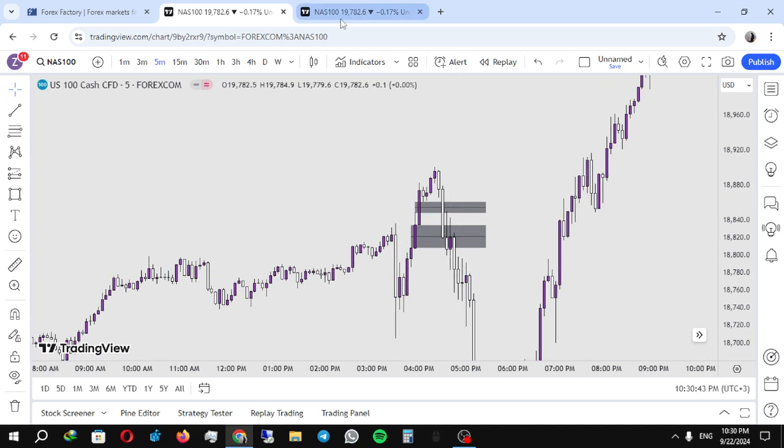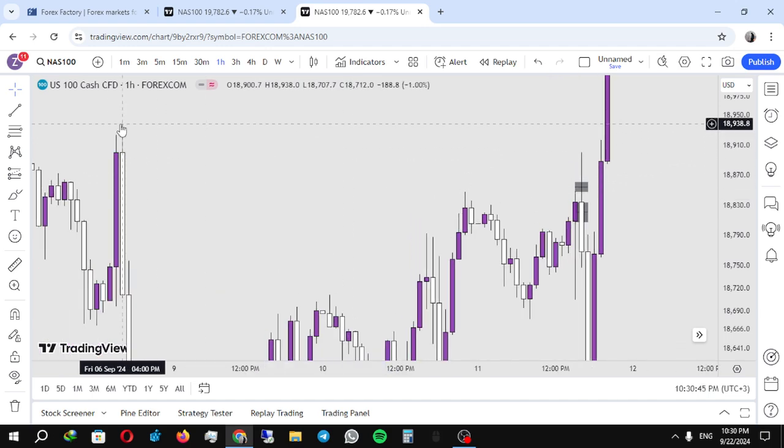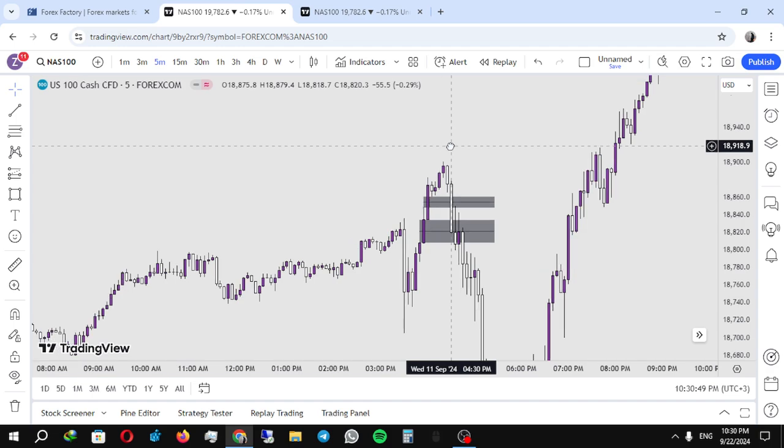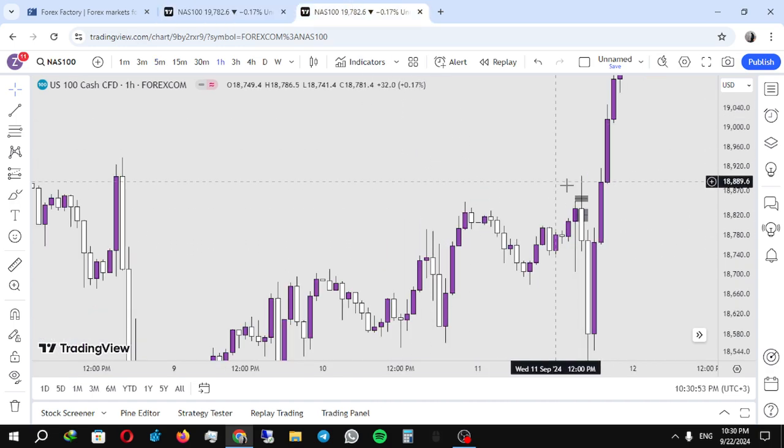If you were to buy, and this high is broken early, you would see these fair value gaps respected.